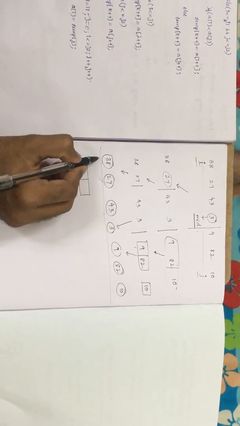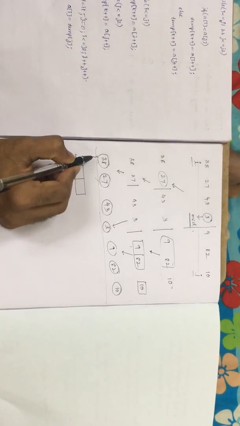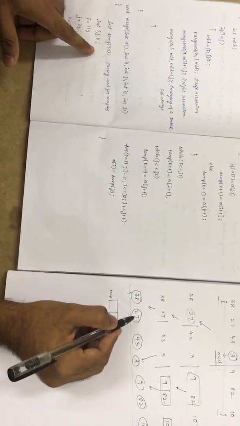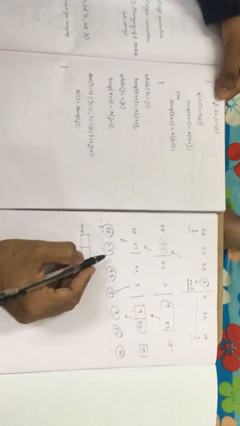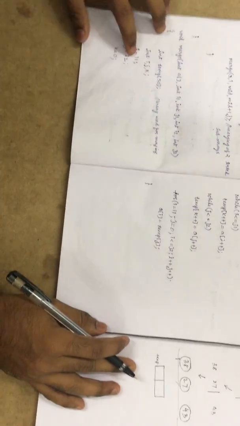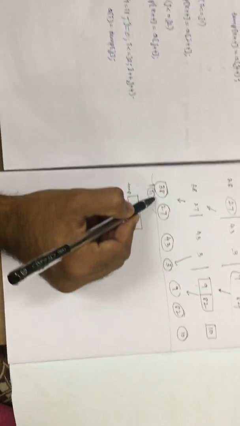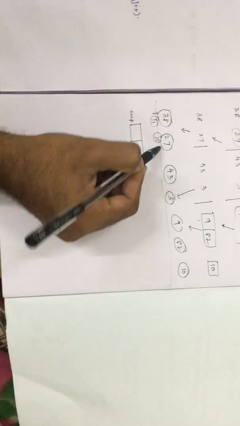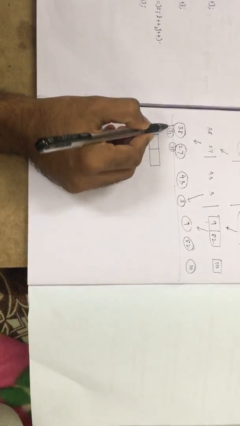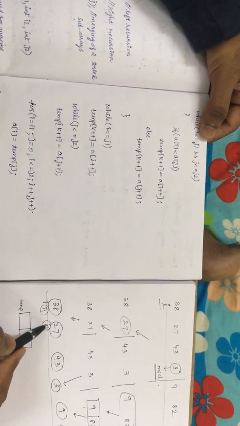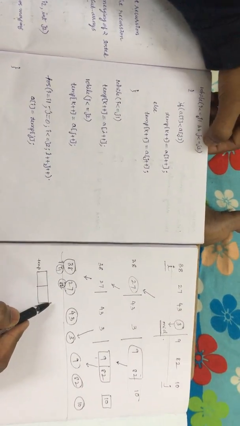Here we are taking I as the starting element. I is used as a counter variable for moving comparisons, and here we are taking I1, J1, I2, J2. I1 is the start of the left block, and I2 is the start of the right block. So here we are checking the condition while I is less than or equal to J1 and J is less than or equal to J2.